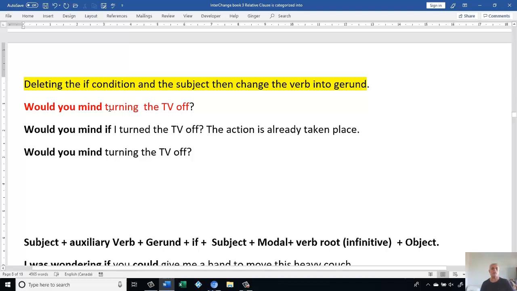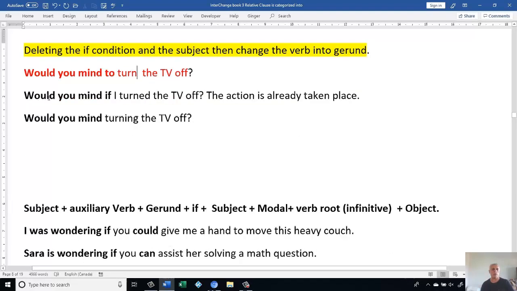Now it's perfect because this is gerund, because the action already began. Or sometimes we say, would you mind turning the TV off? This we call the past participle. Or sometimes you could say, would you mind to turn the TV off? Then we make it infinitive. It also works here.